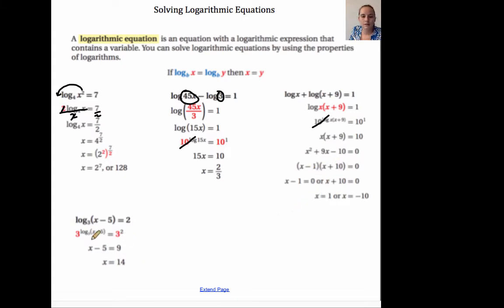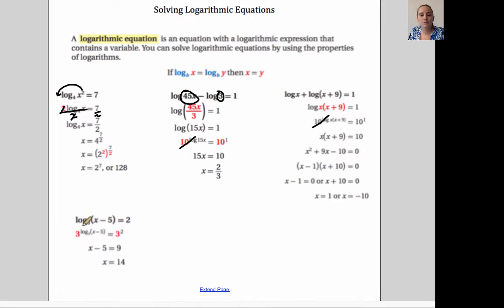Okay, and this last example says, well, we have log base 3 of x minus 5 equals 2. Now, with the properties, there's nothing being added or subtracted like where I had two different logs that I could combine together. This is already a single log. I just need to get rid of the log so that I can have x minus 5.